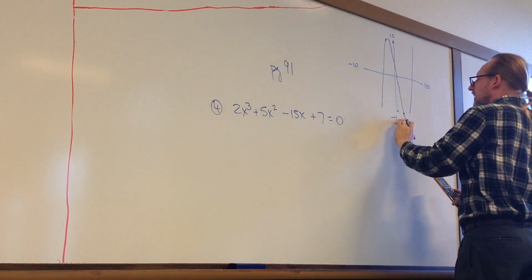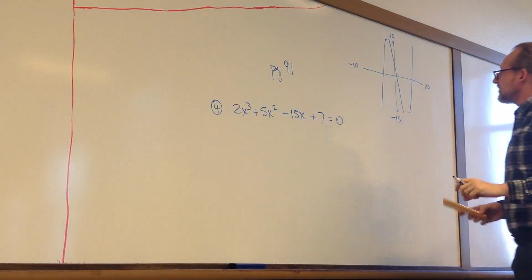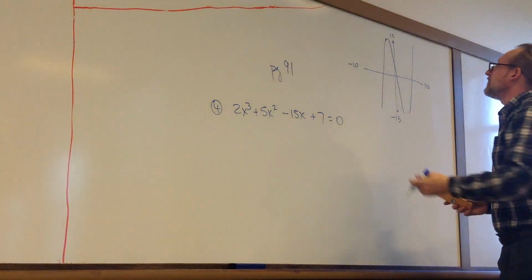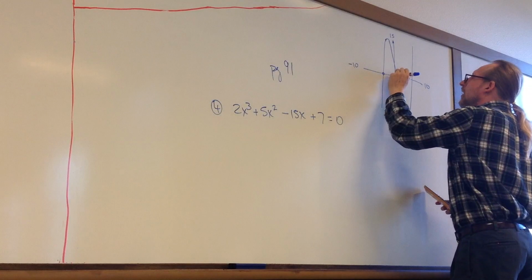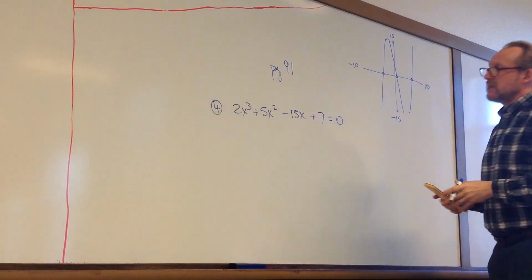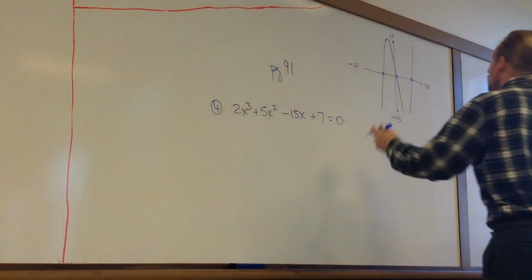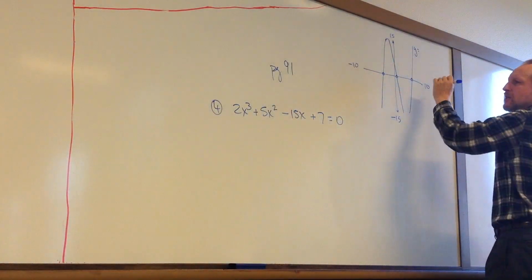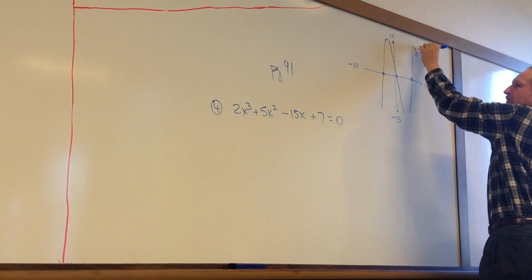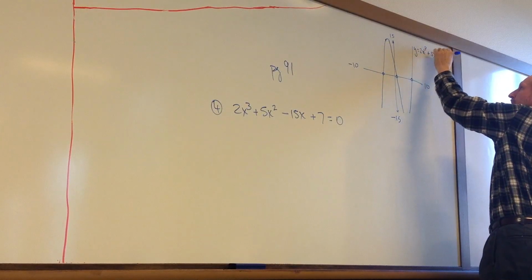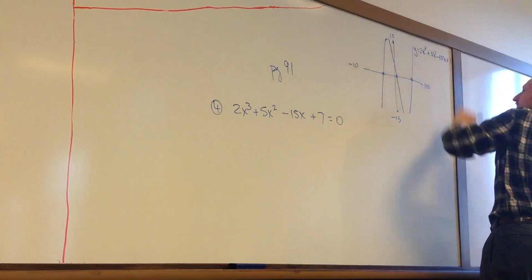If we do that, we get to see the top, but this doesn't really change a whole lot. And that doesn't even really matter. What we're interested in are these roots right along here. Okay? So what we're doing with this is we're graphing y equals 2x cubed plus 5x squared minus 15x plus 7.